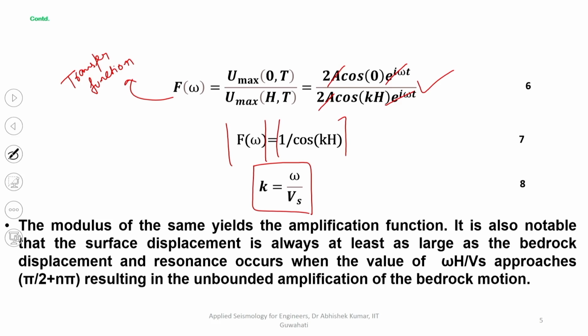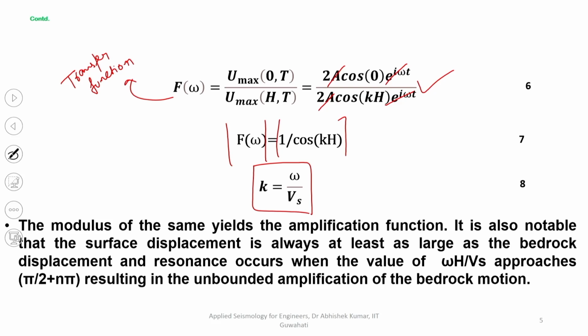It is also notable that the surface displacement, based on this particular equation, the maximum value can be anything if the denominator of F omega, that is the transfer function, becomes 0, then the transfer function becomes very high. In such a case, the soil medium will experience resonance.